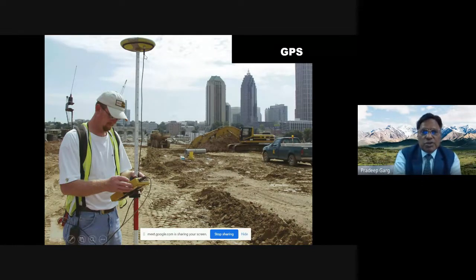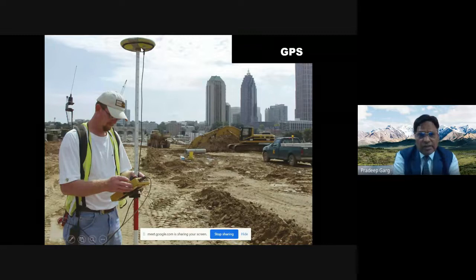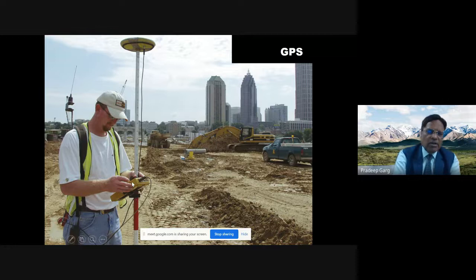So what you see, the circular one is the plate which receives the signal from the satellites. So it is basically all communication. It is receiving the signals from the satellites, the GPS satellites, which are 24 satellites moving in different orbits. This is the controller in the hand of the observer. So the controller will display all the observations and you can control your entire survey work and store the data over here.